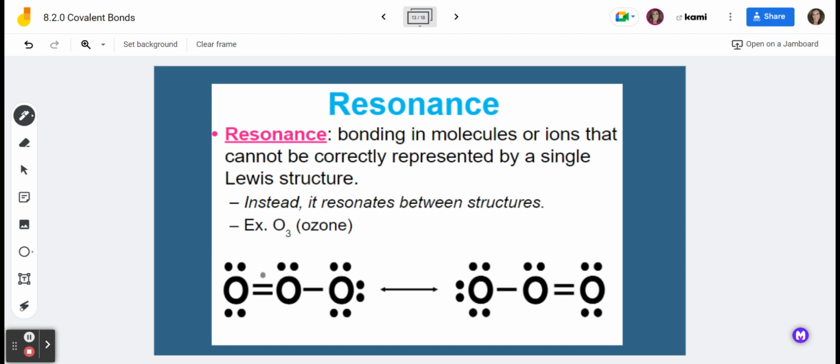So we're going to need a double bond on one side, but you have two choices. So you see this double-headed arrow, that means it's dynamic, and this double bond actually keeps flipping around. And it'll just keep flipping around. And if you take organic chemistry, you will remember these arrows, things flipping around. So it resonates between structures.